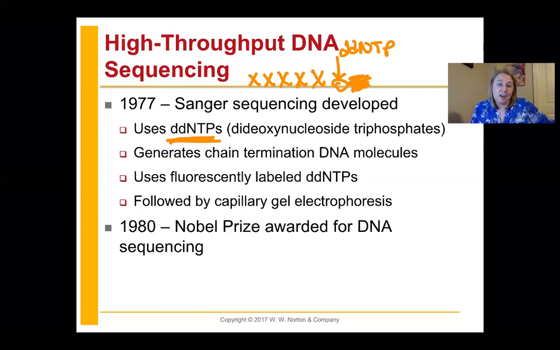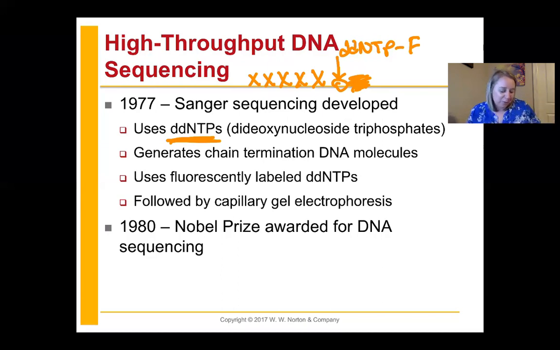And so it generates chain termination DNA molecules. So the DNA polymerase cannot add on another nucleotide, and so it stops. And in addition to having it stop, it's also fluorescently tagged. It has a tag so that we can see it, and then we put it through a capillary gel electrophoresis that separates it by size, and we can detect it.